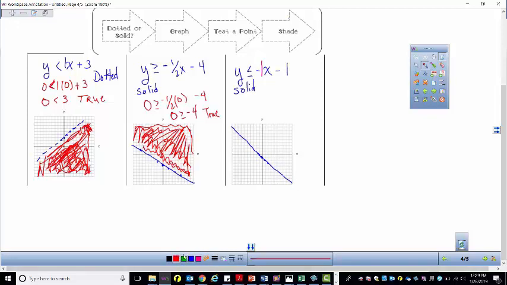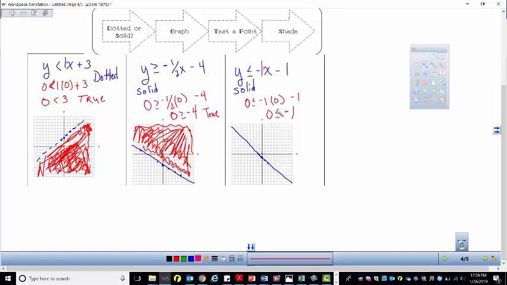And then we have to test a point. So again, 0 is really easy to use because it's easy to multiply with. So I'm going to use 0. It's right here. So I put 0 is less than or equal to negative 1 times 0 minus 1. Anything times 0 is 0. So I get 0 is less than or equal to negative 1. Now, is that true or false?